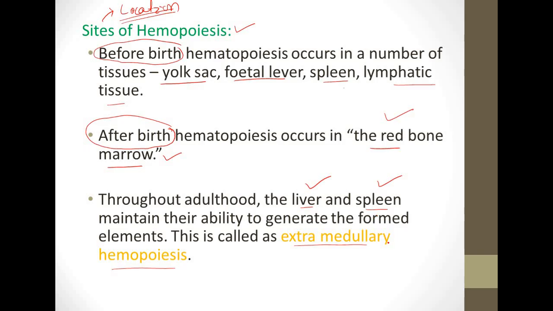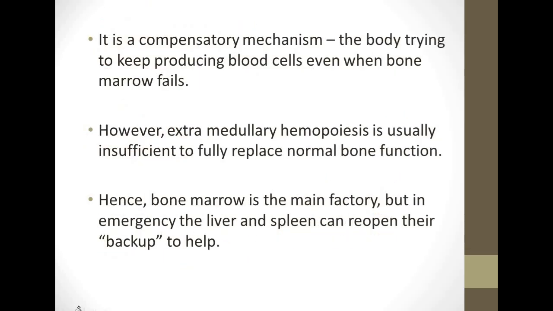As blood is formed apart from the red bone marrow, that's why it is called extramedullary hemopoiesis. And it happens during the fetal stage, and when bone marrow becomes dysfunctional or in some pathological condition. Yes, it is a compensatory mechanism.